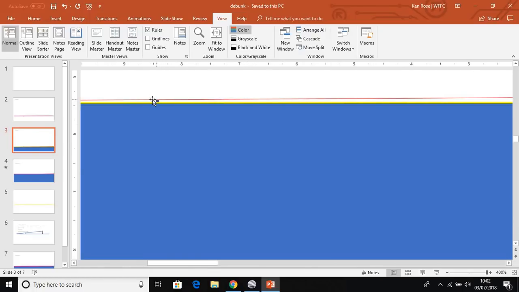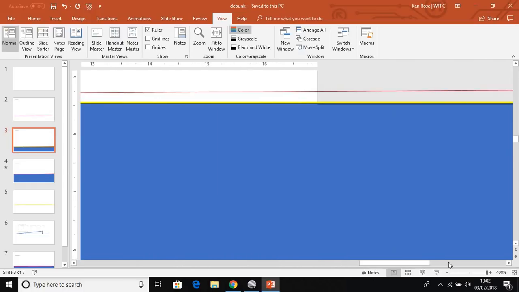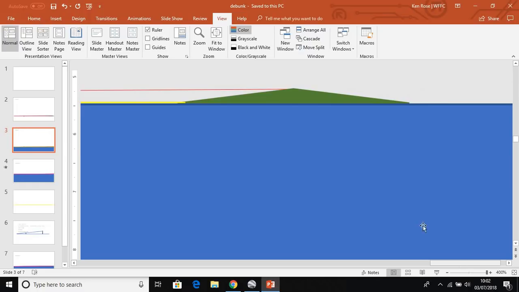The top line goes directly at the top of the wind turbine. The bottom line runs right along the flat surface of the water as I have drawn it. And if we go right up to the far end, we see that the red line ends somewhere near the top of the island, and the yellow line hits the bottom of the island.